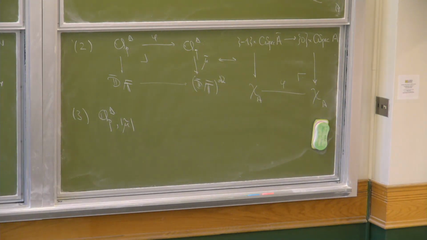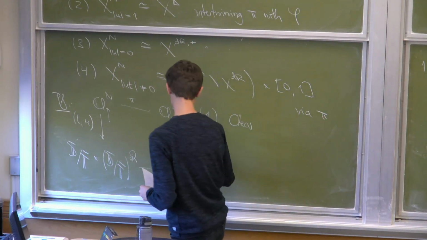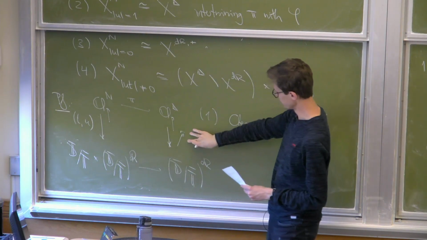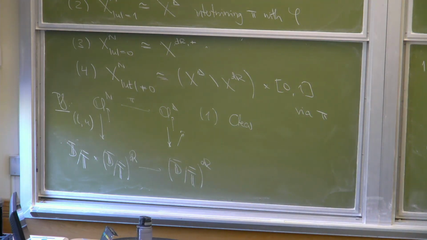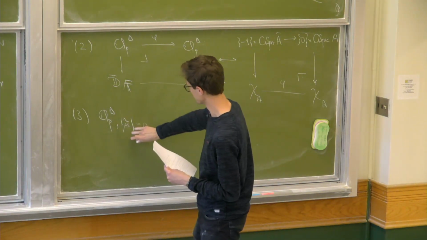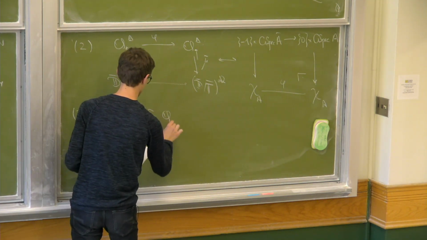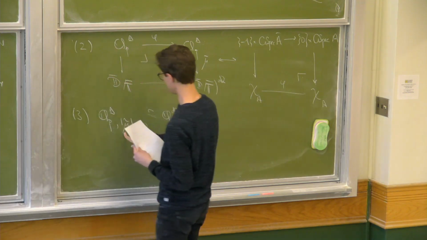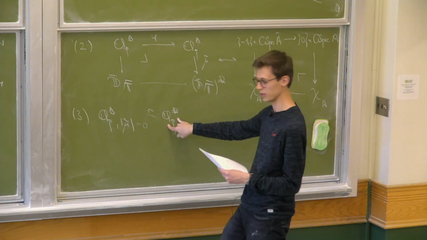Okay, so for the third part, I want to look at this locus u equals 0. So in particular, I have to look at the locus where this mu tilde map has norm 0. The first thing you have to observe is that if you take the locus inside Q prism where mu tilde has norm 0, then, as I said before, this mu tilde map parameterizes, or classifies, Q_p de Rham.